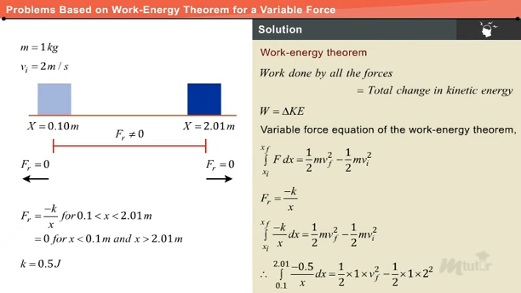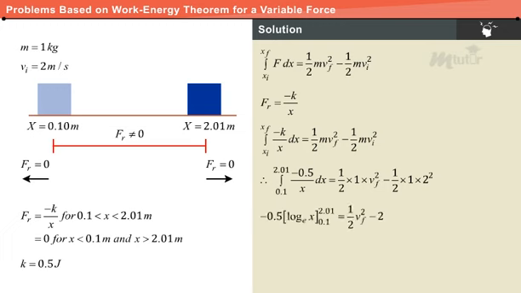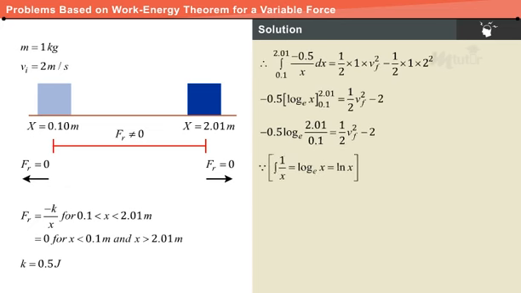Now by substituting the k, vi and x values, we get the simplified equation as shown on screen. Further simplification yields the equation as shown. Using the integral of 1 by x is equal to log e of x, that is ln x, we get the simplified equation as shown.